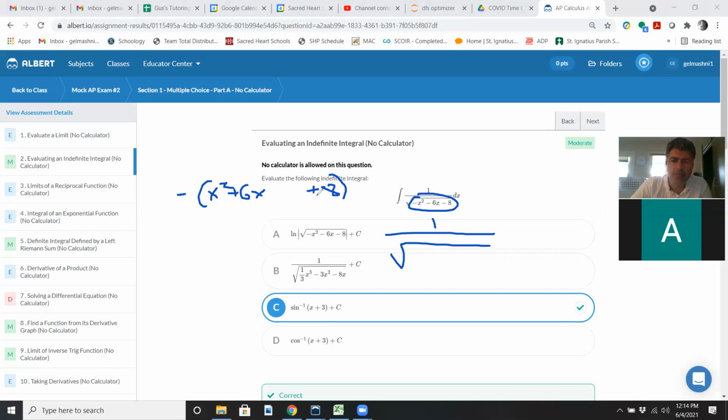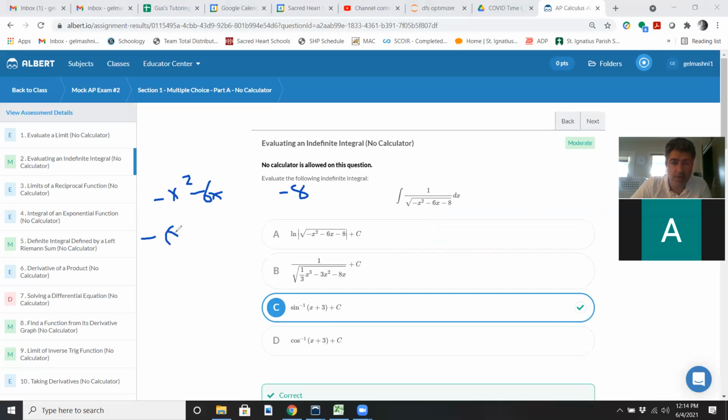Or we could even think of it like this. Push that negative 8 off to the side and factor the negative between the first two terms. Then you take half of 6 squared, which is 9.